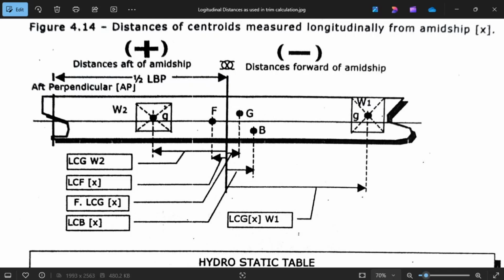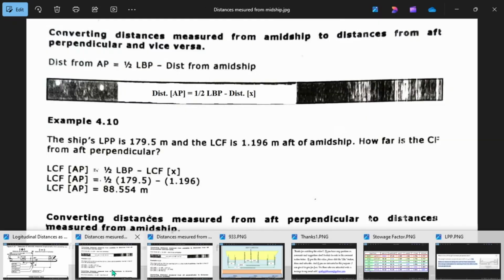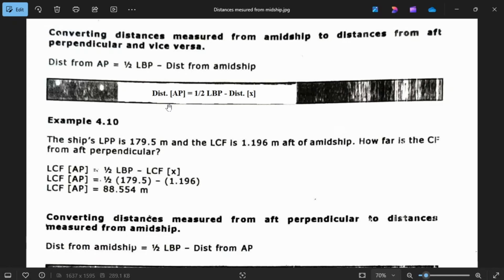Then we go back to the problem. Okay, so here's a formula. The distance from the aft perpendicular equals 1/2 LBP minus the distance from midship.